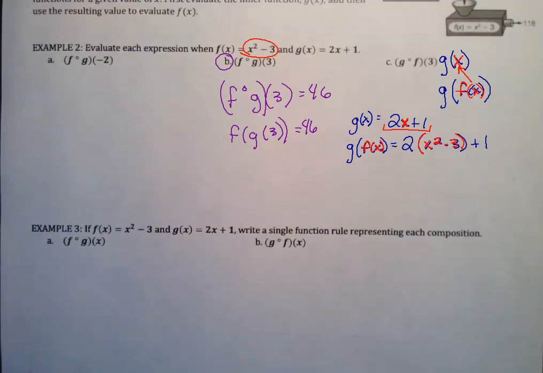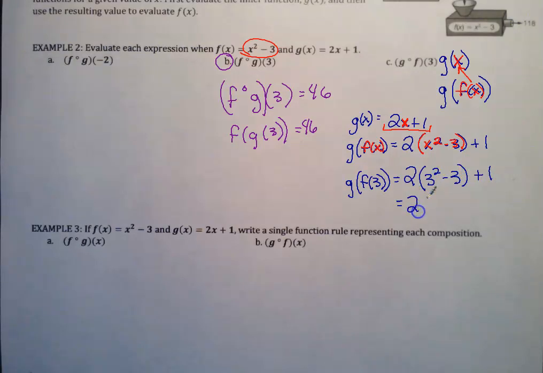All right, so now that we've got that set up, we can do the g of f of 3. Anywhere I see x, what am I going to put in for x? 3. So I've got 2 times the quantity 3 squared minus 3, plus 1.